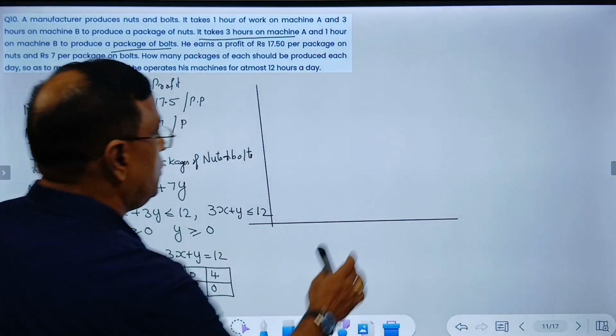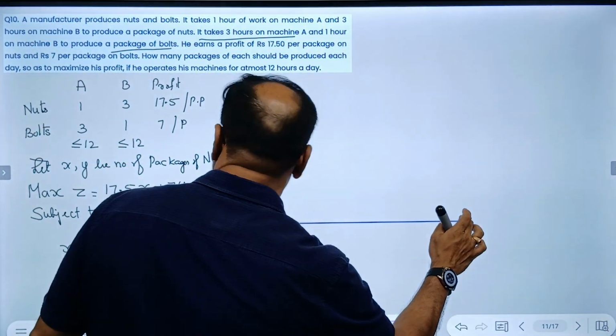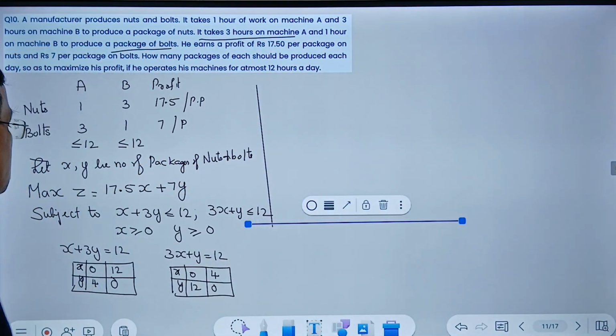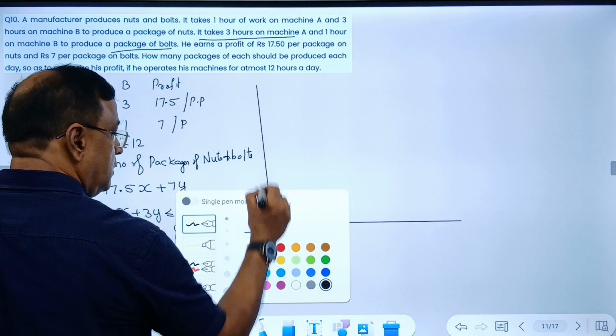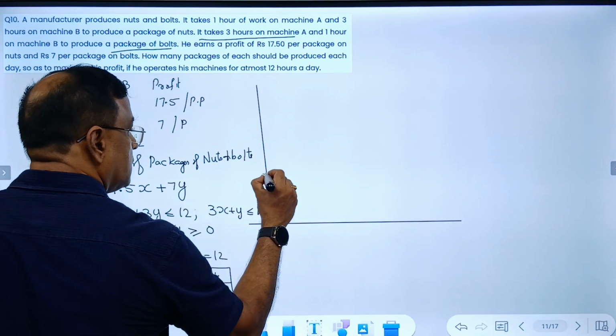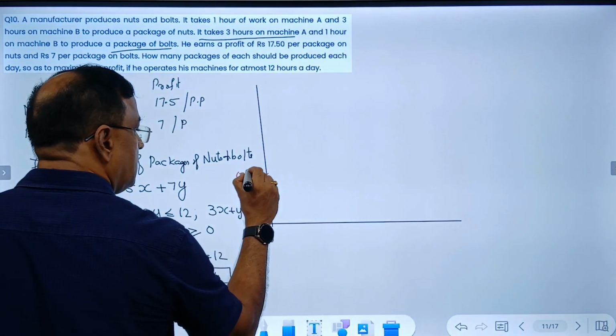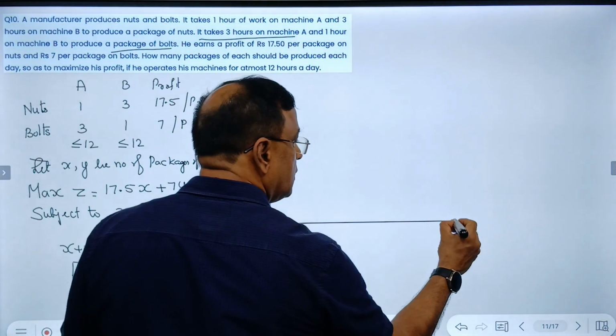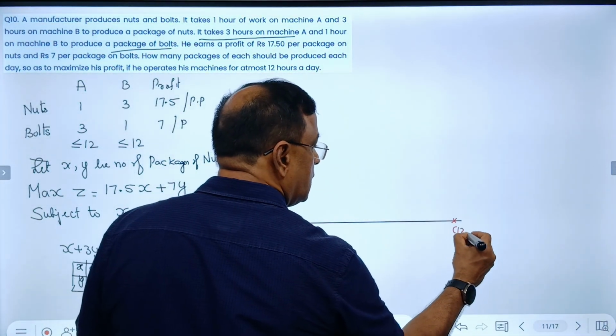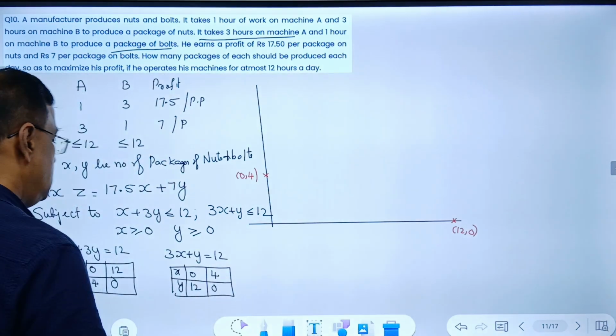So we are going to plot the graph. What is the first graph? 0, 4 and 12, 0. Correct?